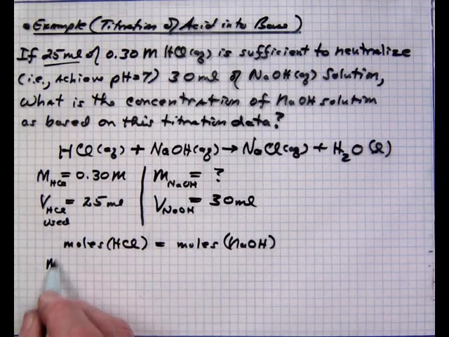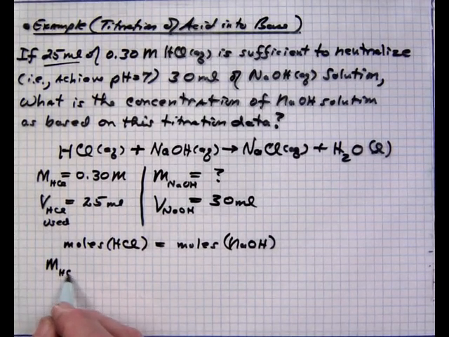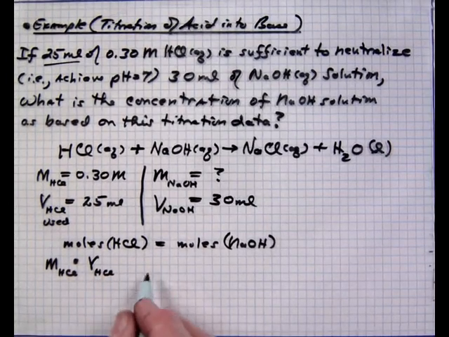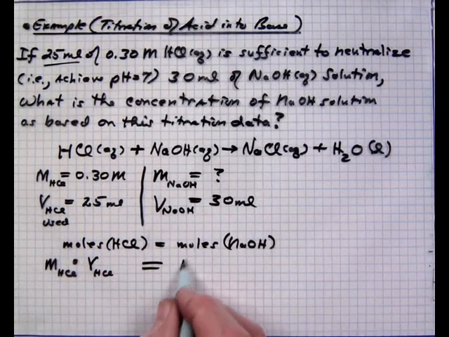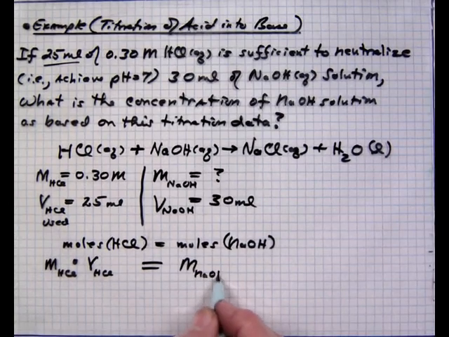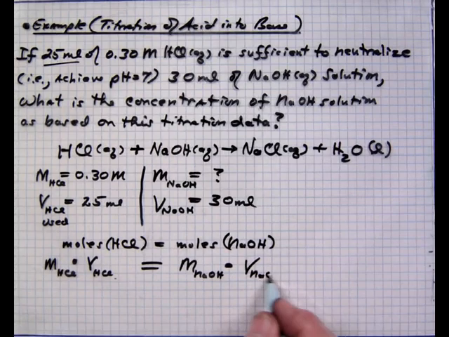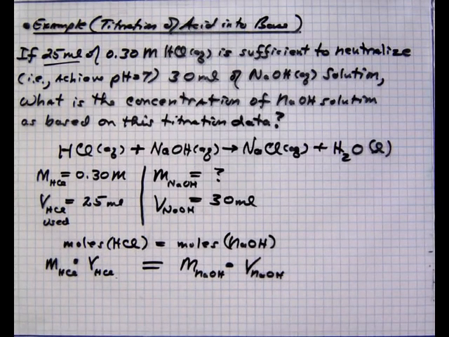So we have molarity of the HCl times the volume of HCl used is equal to molarity of the sodium hydroxide, which we're trying to find, times the volume of sodium hydroxide specified at the beginning of the procedure.